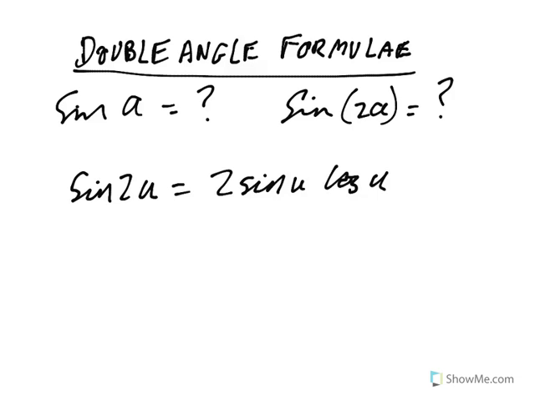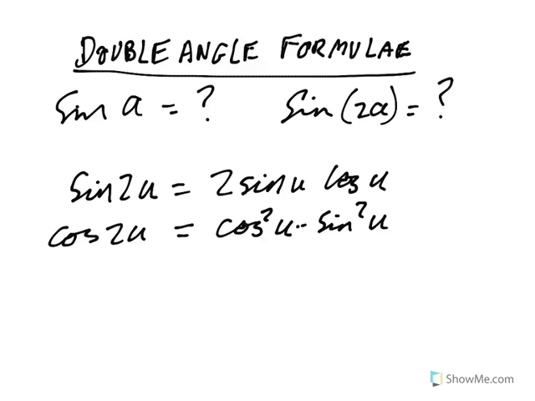Cos 2u. There ends up being three different versions. Cos squared u minus sine squared u. It comes from when you use the addition angle formulae that we used before. That's what you get.